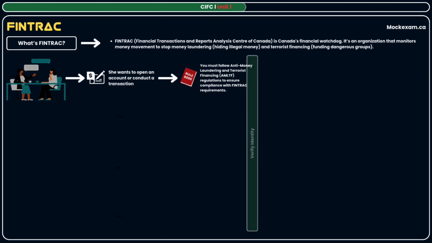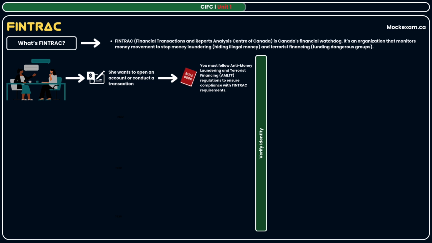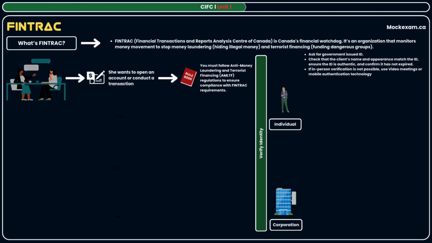Step one is verifying identity. Okay. How do we verify individuals and corporations? Let's start off with individuals. First of all, if a client comes to you, we ask for a government issued ID.